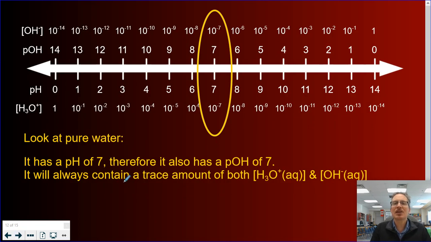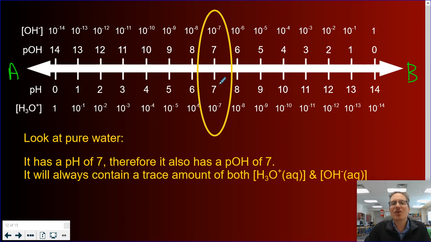So let's take a look at this by comparing the two side by side. So I have my pH scale and I have my pOH scale. And you'll notice, other than 7 in the center, neutral, these guys are exact opposites of one another. I know you're comfortable with pH going from 0 to 14, this side being the acid side, this side being the base side. But I also want us to compare the hydronium concentrations to the hydroxide concentrations.